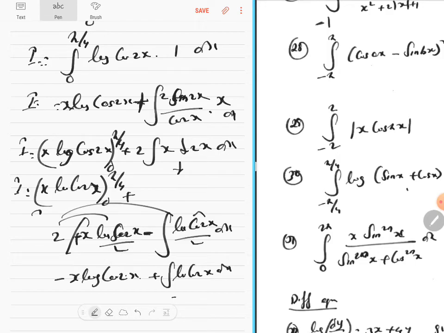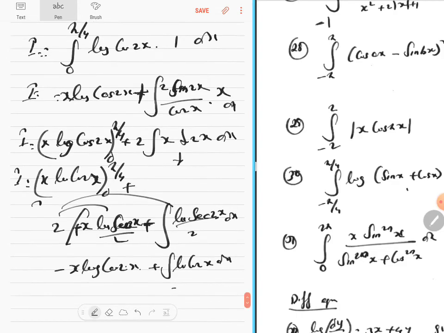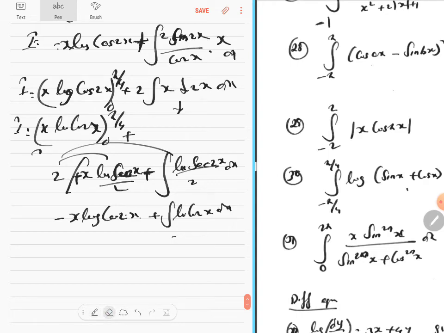So plus log of secant 2x by 2, let me see if I'm getting the answer that way, log of secant 2x by 2 into dx. In that case there will be a negative sign in this.